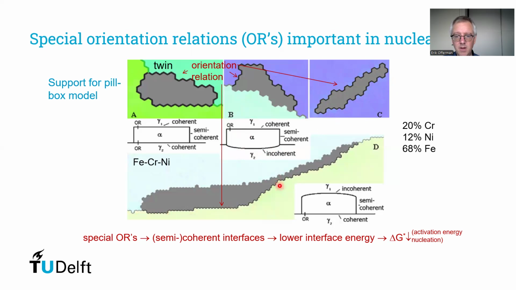And we have nuclei again with only on one side the crystallographic orientation relation looks like this one, but then slightly different. So it makes sense that special crystallographic orientations are present between the product and parent grains, because that could lead to coherent interfaces that are low in energy and that would reduce the activation energy for nucleation.